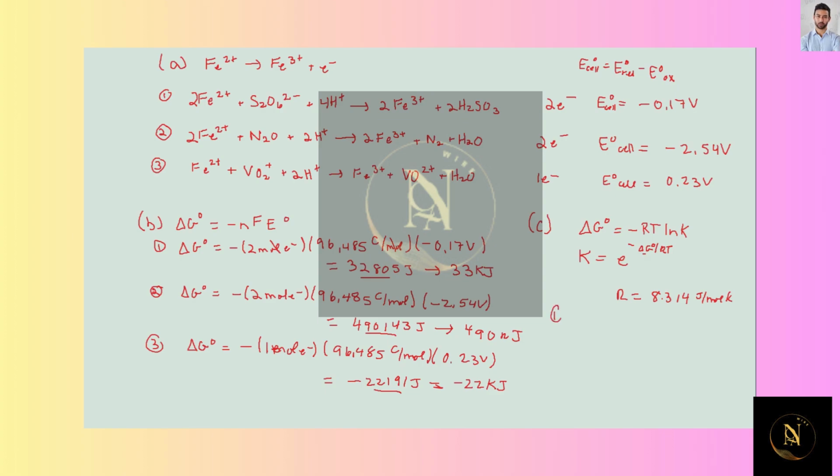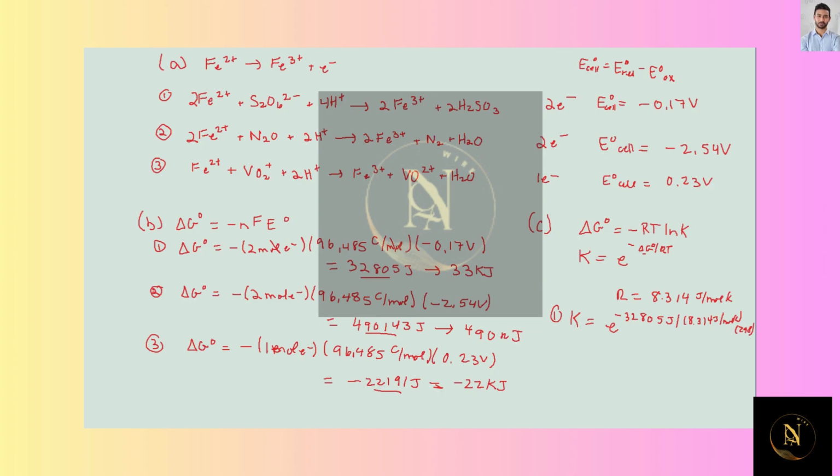So for the first reaction, K is equal to e to the negative, again I'm going back to this original value, 32,805 joules divided by R, which is 8.314 joules per mole Kelvin, running out of space here, times the temperature, which is 298 Kelvin.